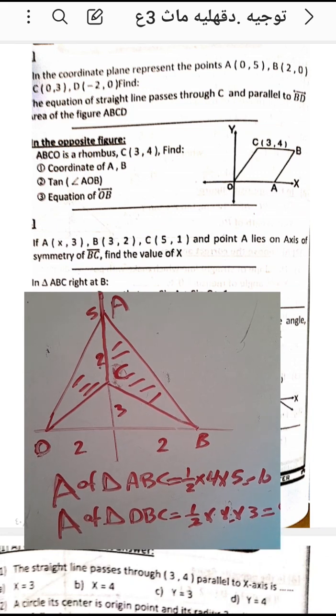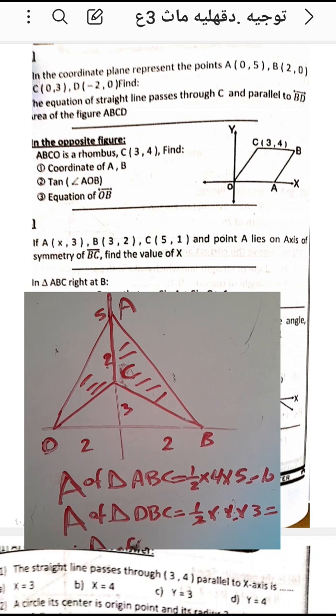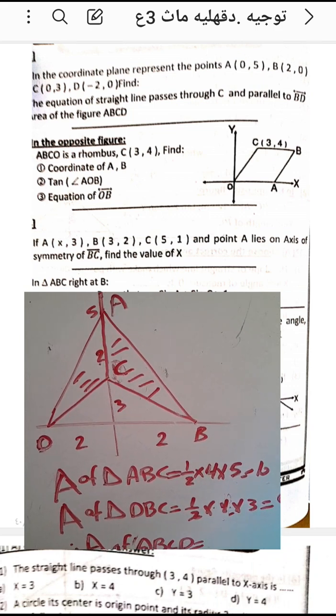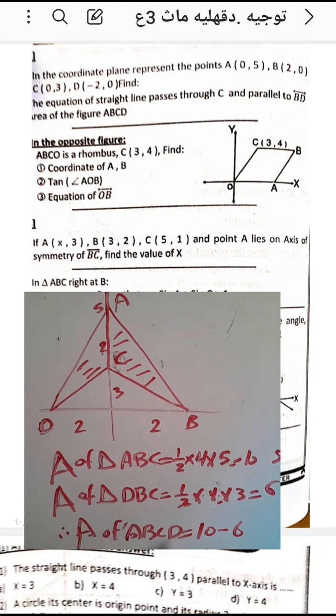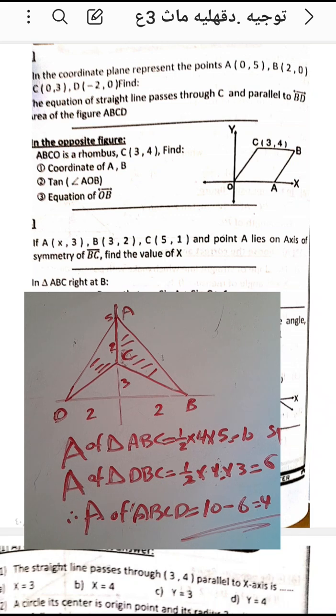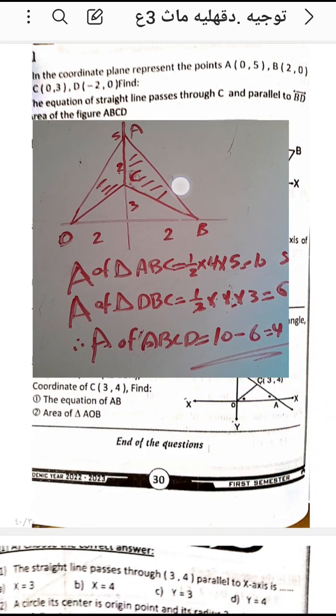Then the area of the figure ABCD is the difference between them, 10 minus 6, which is 4 square units. So the result for this question, the area of the figure ABCD, is 4 square units.